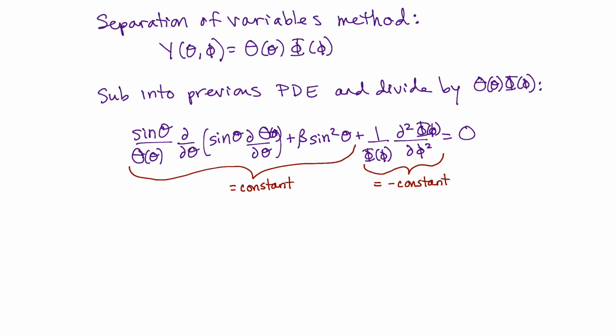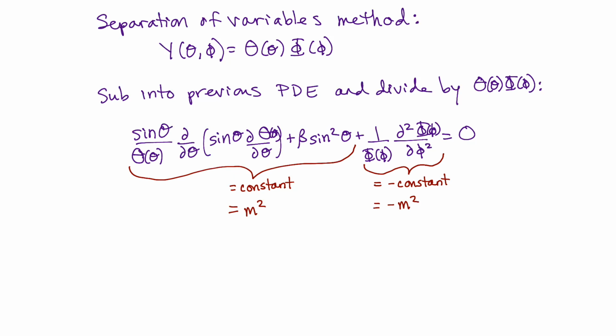We're going to call that constant m squared, so over here we would have negative m squared. We're able to do this because theta and phi are independent coordinates.